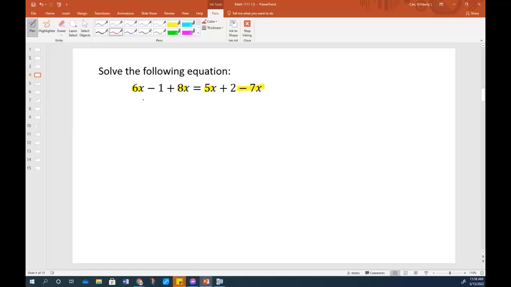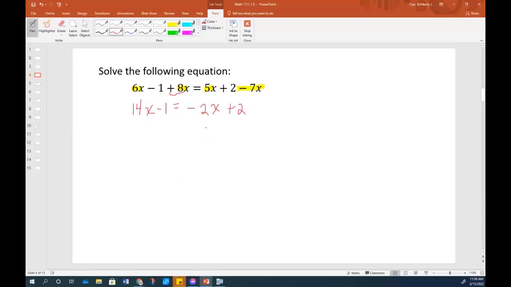Taking the 6x plus 8x, because everything is hooked to the sign in front of it, gives me 14x, just copying over the minus 1. Then 5x minus 7x is negative 2x, and copy over the plus 2.